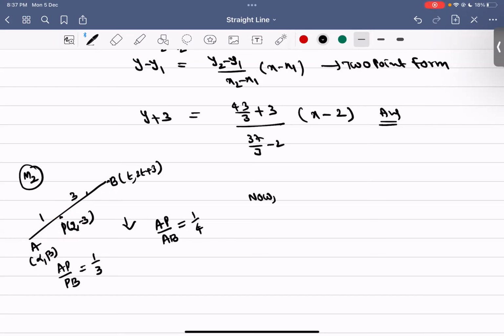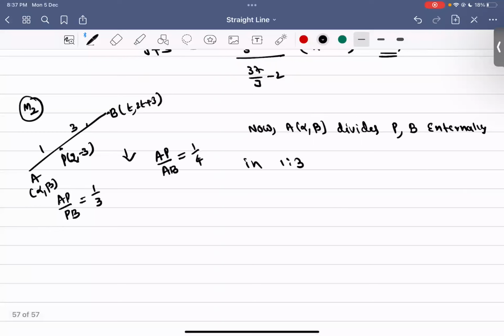So now, what can we say? A alpha comma beta divides P and B externally in which ratio? 1:4. Now we will use the external division formula. Directly we will get alpha beta. Need not solve any equations.